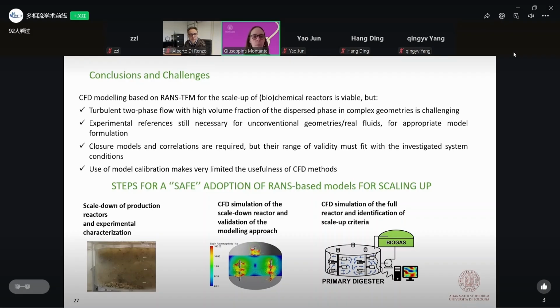This is an example of the application to a biogas digester. That is a very unconventional geometry with a free shaft and slurry with non-Newtonian behavior, so in that case it's even more complex. And then we can perform a validation at lab scale and scale up to the industrial scale. With this, I conclude.